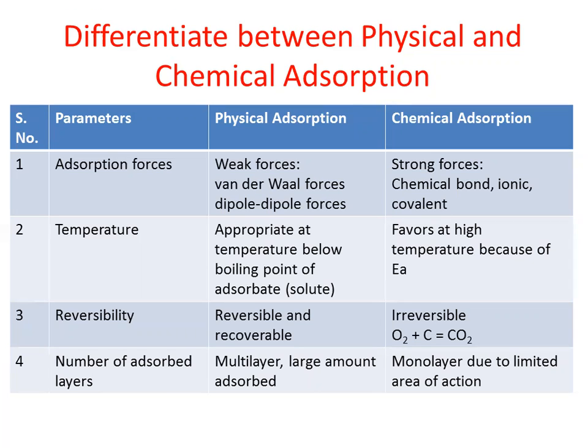Because when you provide more temperature, the adsorbate may boil, and then no absorption process will happen between the adsorbate and the adsorbent. So if you want physical absorption, the temperature is very important. It must be below the boiling point of the adsorbate. That means it is the solute which you are going to adsorb on the surface of the solid, and the solid is the adsorbent. Clear?